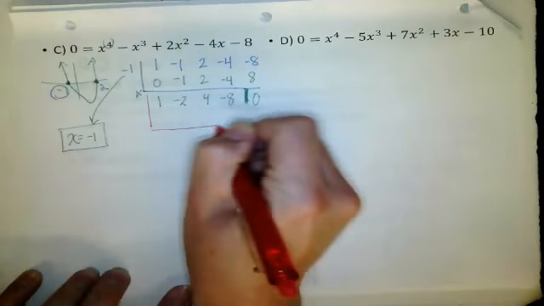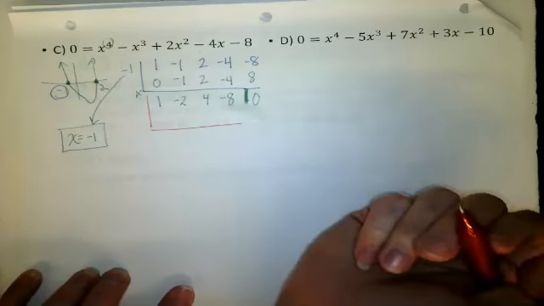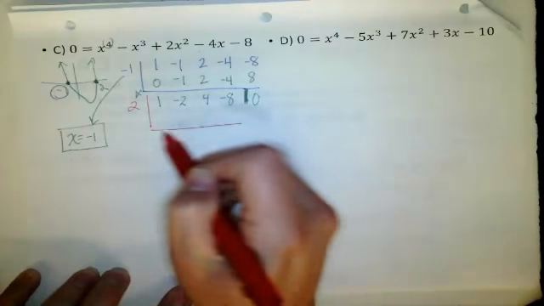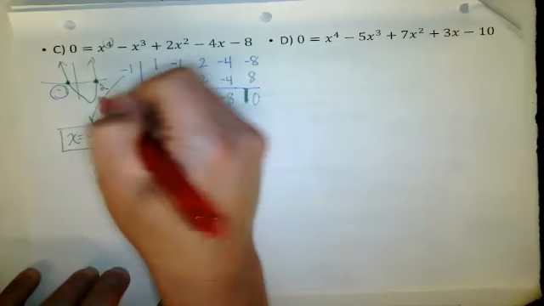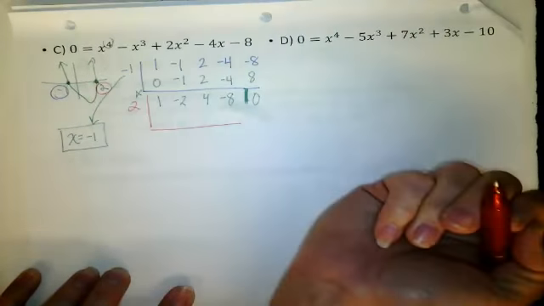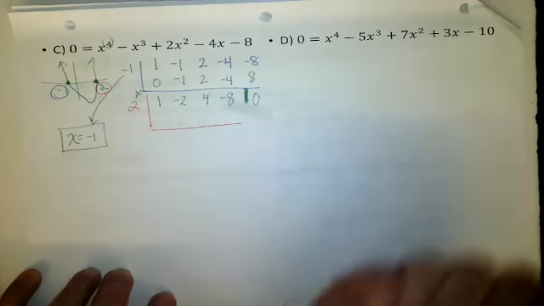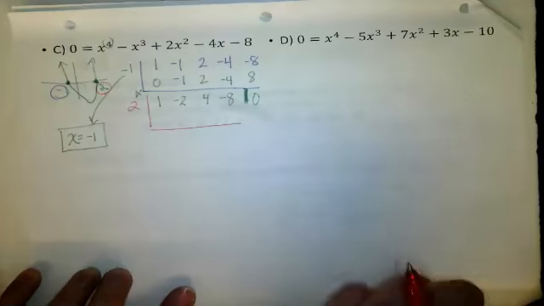I have another 0, and I don't know about you, but I really like synthetic division. So what I'm going to do is tack on an extra little box here, and I'm going to use my other 0 that I got from my graph, because I sure think synthetic is faster than factor by grouping.